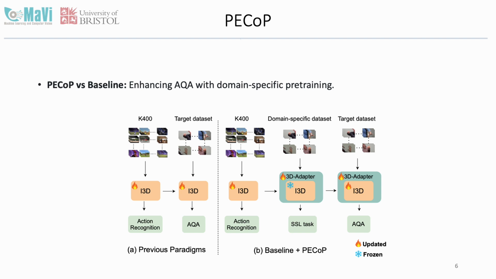In part B, our PECoP approach introduces an additional pre-training step. Here we only update a small set of 3D adapter parameters with domain-specific unlabeled videos, while the rest of the model weights stay frozen. This extra pre-training step helps to reduce the domain gap between the general task and the specific AQA target tasks.